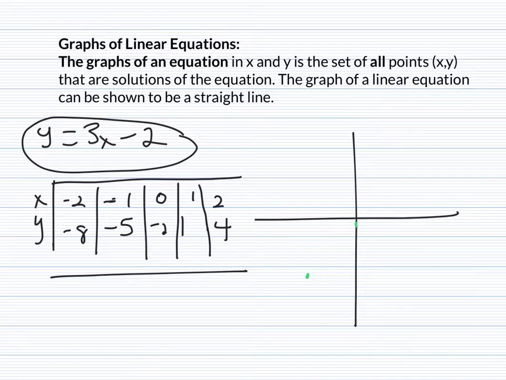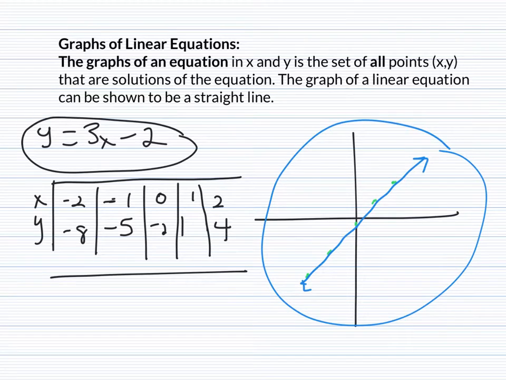Maybe something like that. And then we have 1 and 1. And then we have 2 and 4. And so you're left with a line. You draw your line through them like that, and this is the graph of y equals 3x minus 2. That's what that is, okay?